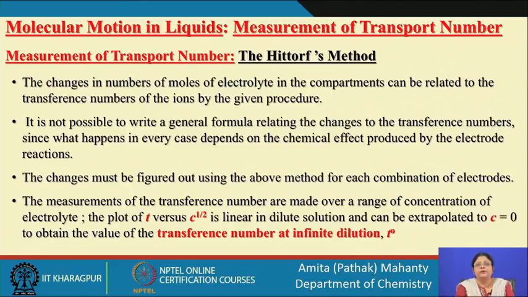Those transport numbers calculated for each concentration of the electrolyte we plot versus the square root of the concentration, and from extrapolation of that linear plot at C equal to 0, we obtain the transport number at infinite dilution.